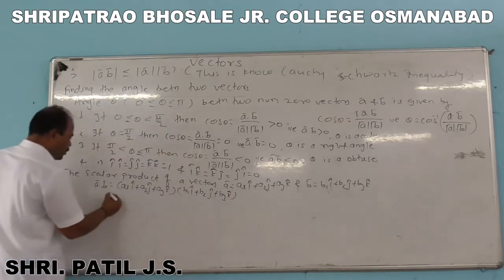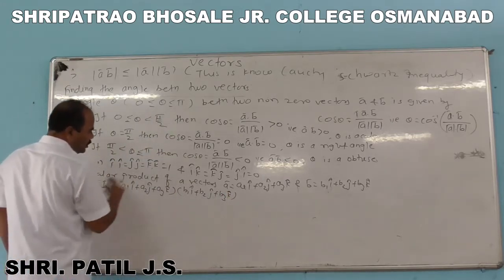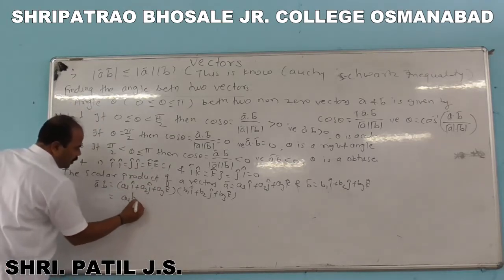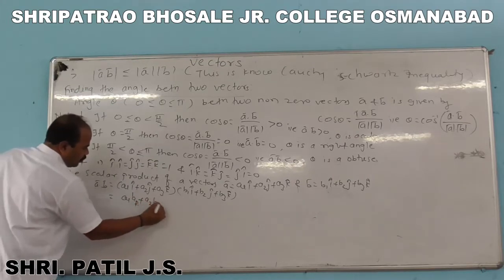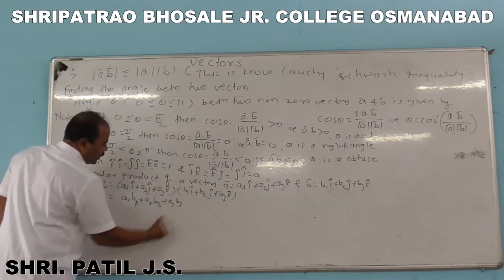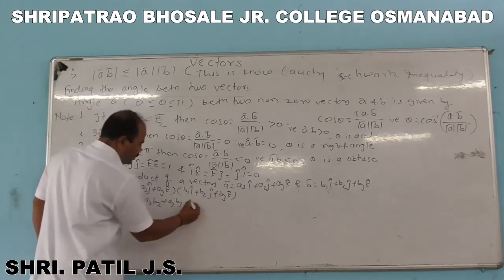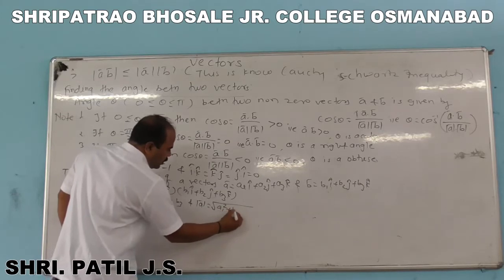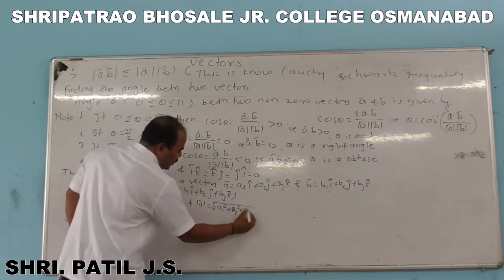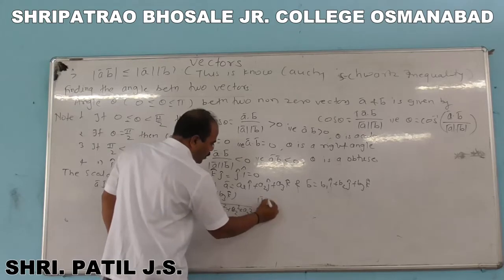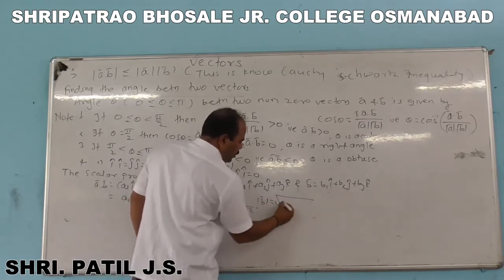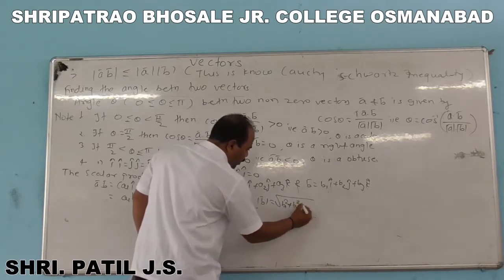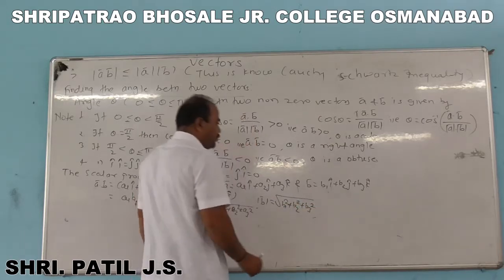You know that i dot i is 1, j dot j is 1, k dot k is 1. This is A1 B1 plus A2 B2 plus A3 B3. And mod of A bar, the magnitude, is square root of A1 square plus A2 square plus A3 square, and mod of B bar is square root of B1 square plus B2 square plus B3 square.